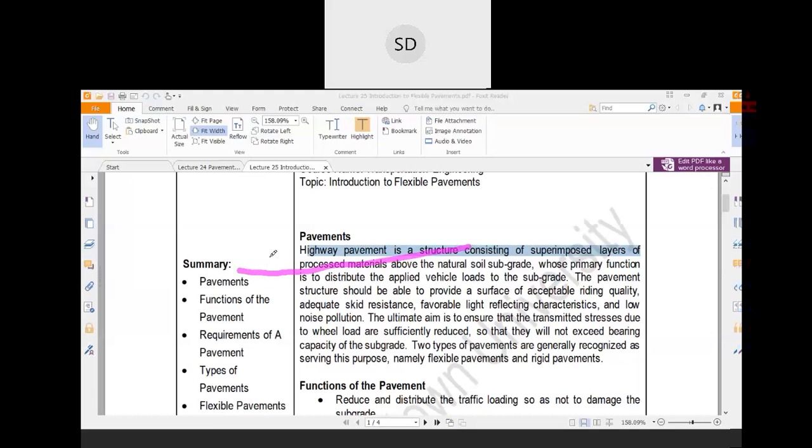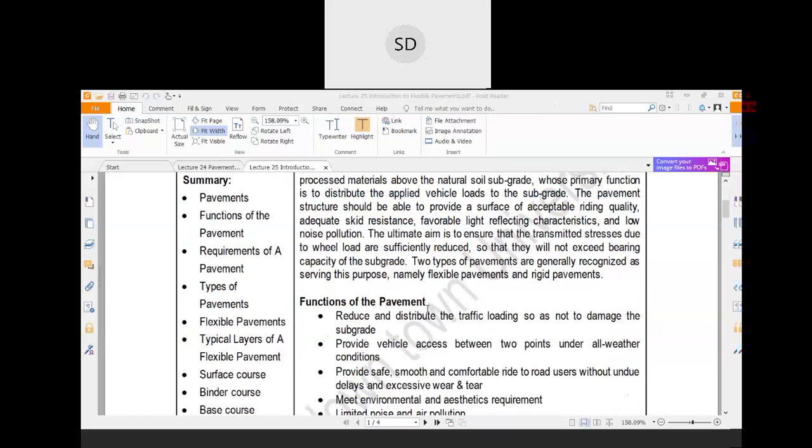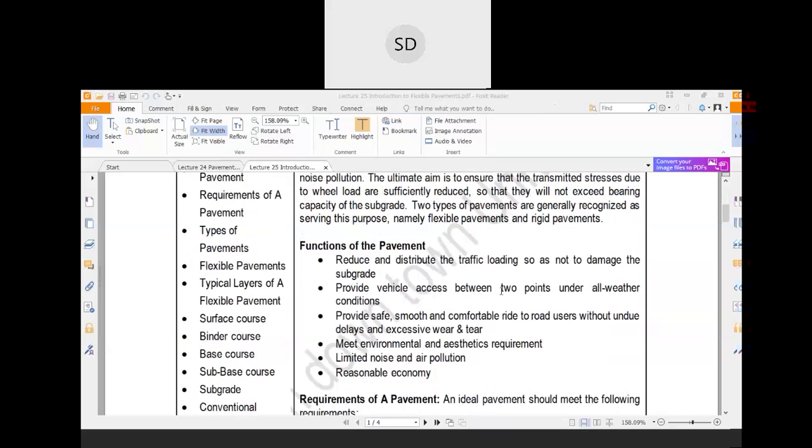As we discussed earlier, there would be soil subgrade, and over this, there would be different layers of the materials which will ultimately form the pavement material or pavement surface. The pavement structure should be able to provide a surface of acceptable riding quality, adequate skid resistance, with durability and proper hardness, so that it can withstand all types of loading combinations.